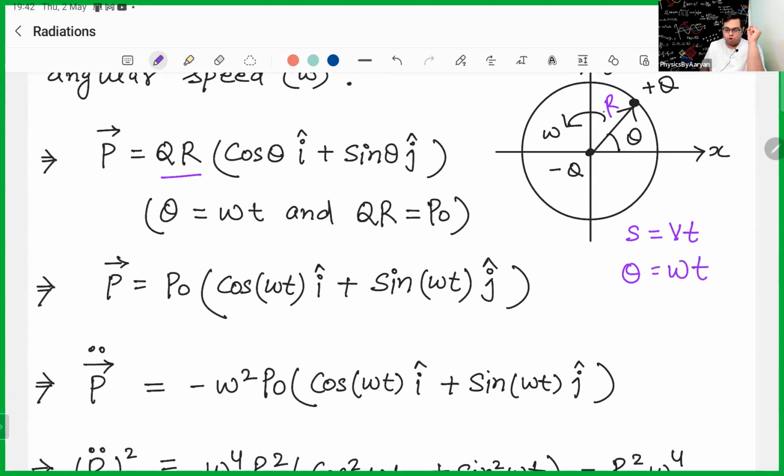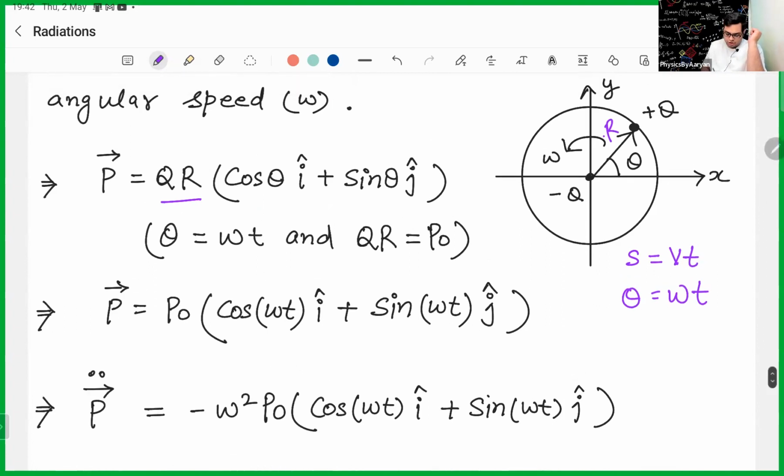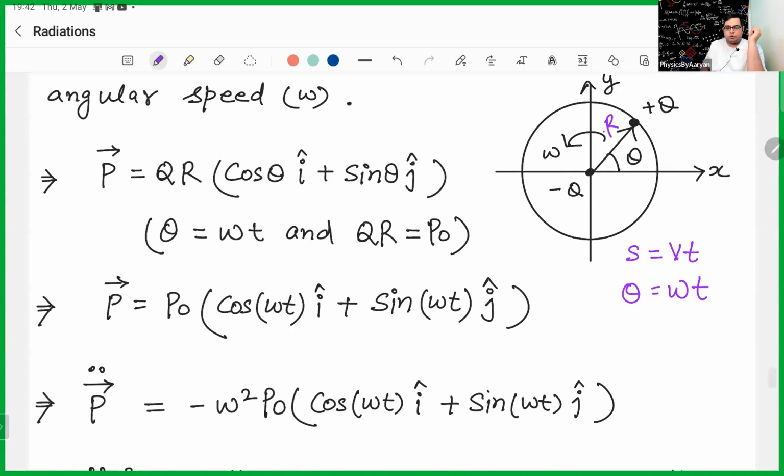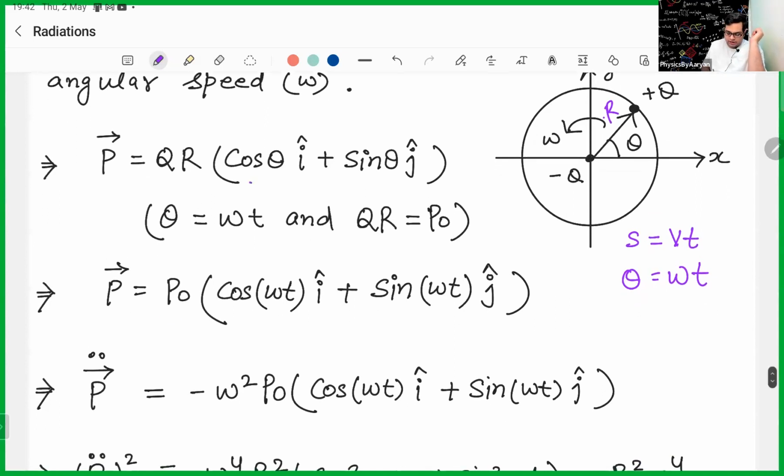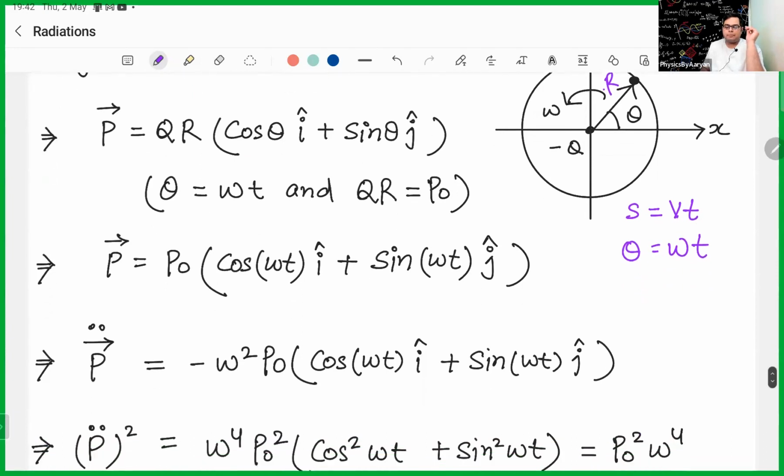So theta is omega t. In time t, it will rotate omega t angle. Let's call QR as P naught, just a symbol. So we write cos omega t i cap plus sin omega t j cap.